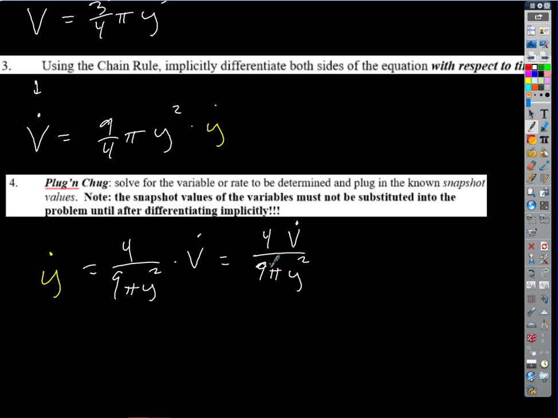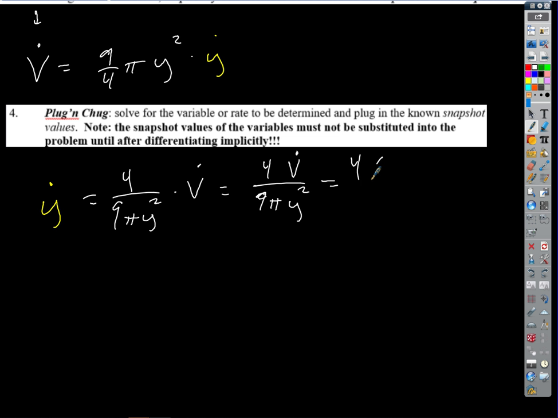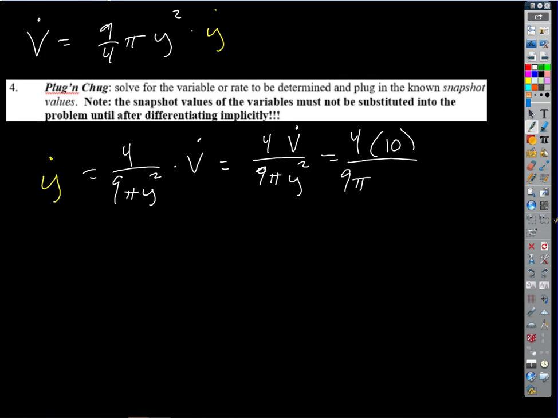Plug and chug, right? So what's that going to give us when we plug in the values? What was our v dot? Positive 10? 4 times 10 over 9 times pi times y, which was 15, squared. Let's see, what's that going to give us? So 40 over 225 times 9.